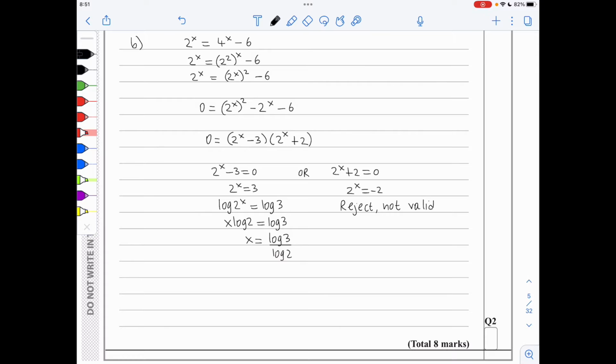So to find the y value, I can say y is 2 to the x. We have already established that 2 to the x is 3. So the y coordinate is 3. And therefore the point P, which we were trying to find, has coordinates log of 3 over log 2, comma 3.